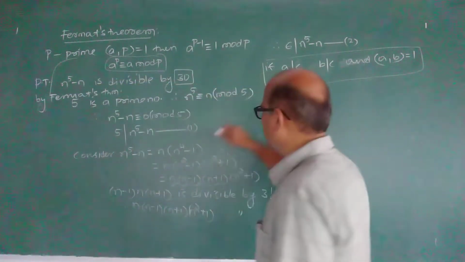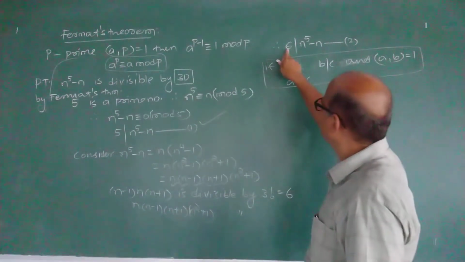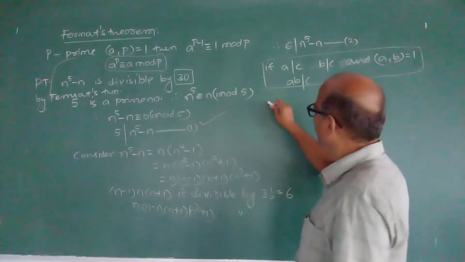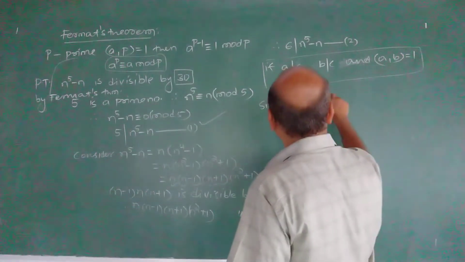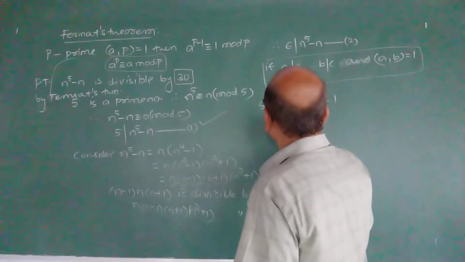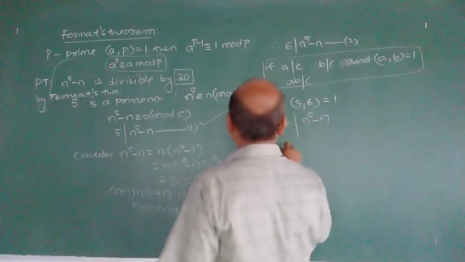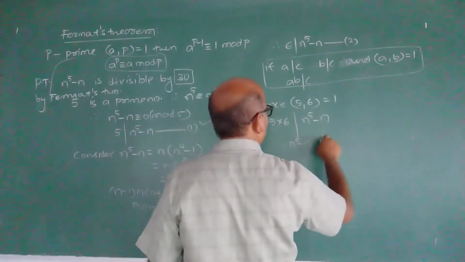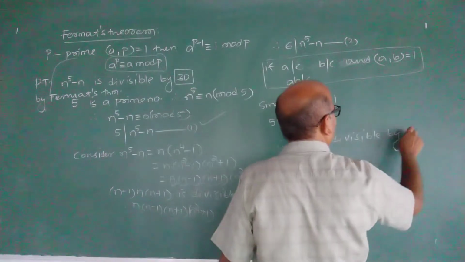Therefore, see here, 5 divides n raised to 5 minus n, 6 divides n raised to 5 minus n, and 5, 6 are relatively prime. Since 5 and 6 are relatively prime, 5 into 6 divides n raised to 5 minus n. Therefore, n raised to 5 minus n is divisible by 30.